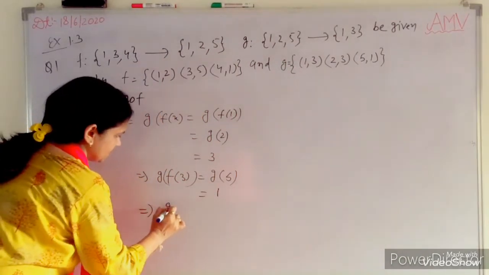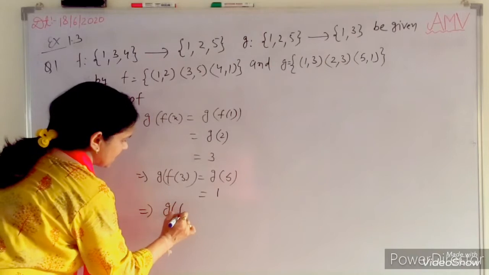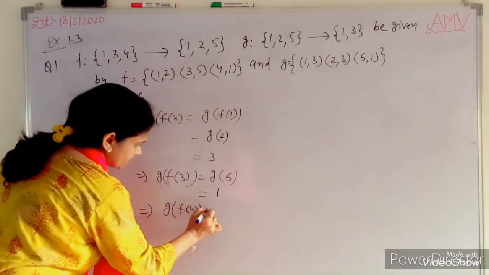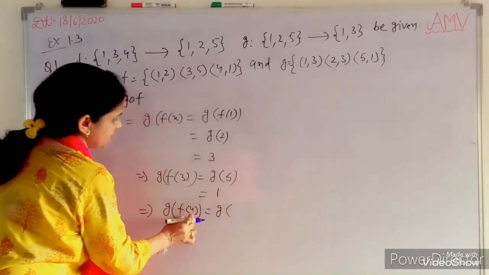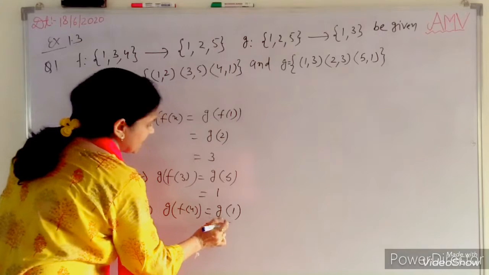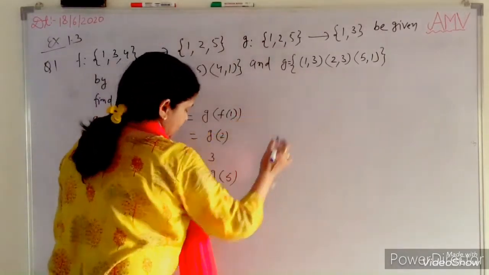Next, GF(4). The third element is 4. The image of 4 under the function f is 1, and G(1) is 3.